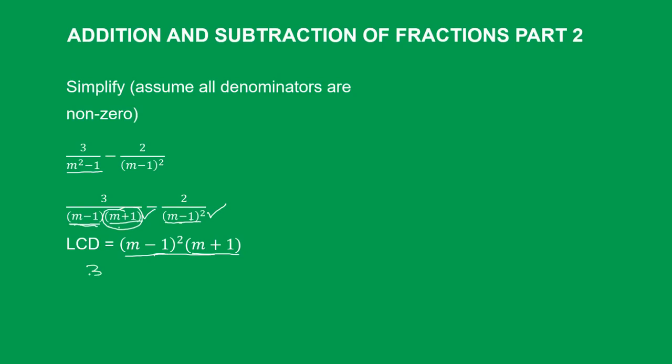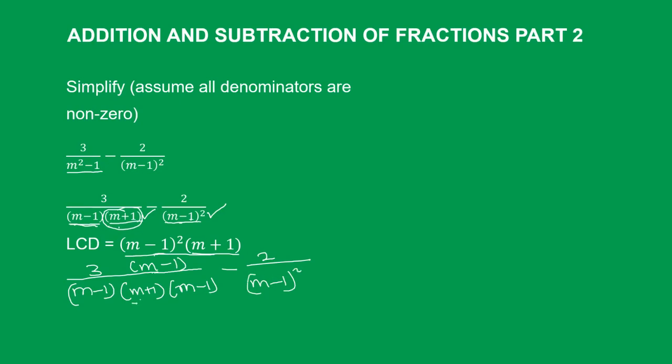So the first one will be 3, then m minus 1 times m plus 1. Then we have to say times m minus 1, so that we get m minus 1 squared. Then also we multiply the numerator by m minus 1. Then the second fraction, 2, then m minus 1 squared.